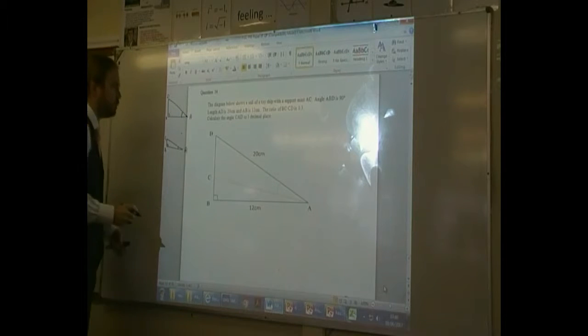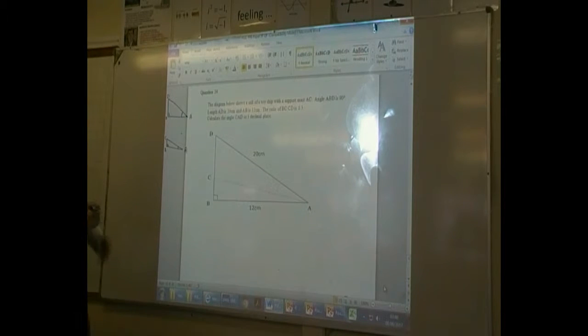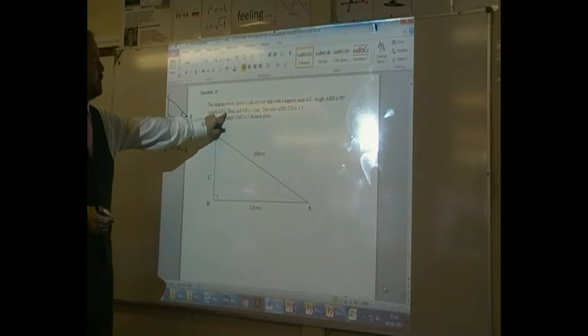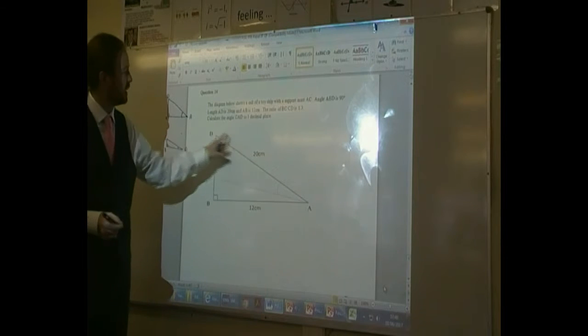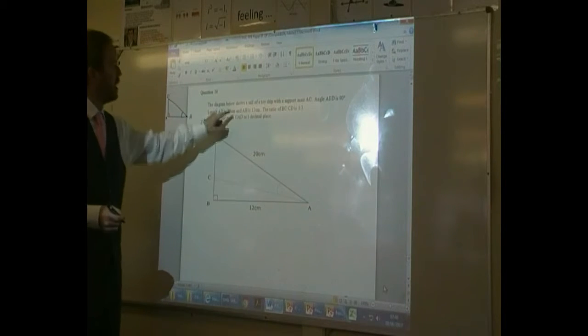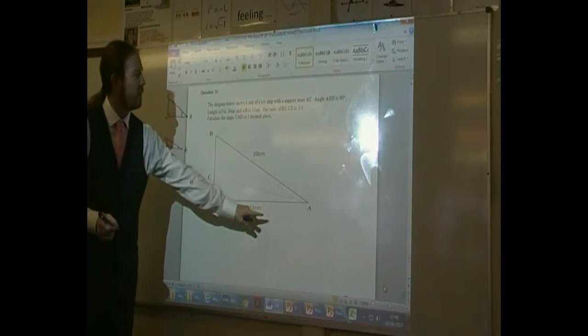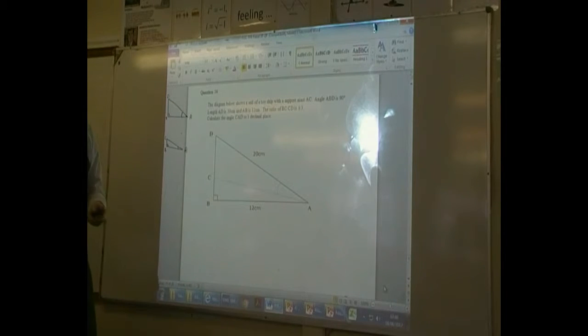Okay? So what do we know about it? Well, we've got some lengths already labelled on it. We've got 20 centimetres as our length AD, and we've got 12 centimetres as our length AB. Now, interestingly, the ratio of BC to CD is 1 to 3.